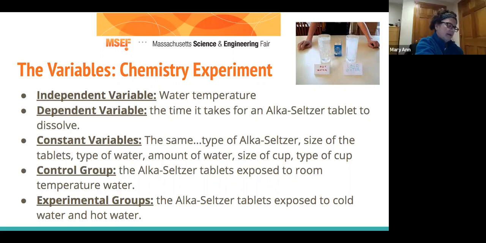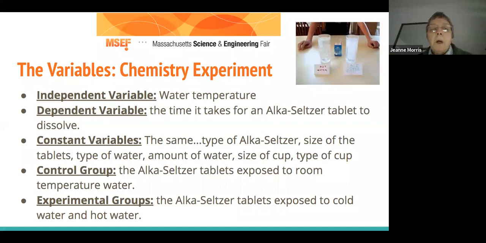So if I use water temperature at 30 degrees Celsius, 40 degrees Celsius, 50 degrees Celsius, then the 50 degrees Celsius will cause the Alka-Seltzer to change faster or dissolve quicker or something. I don't like to use the word quicker. I don't like anything that's not scientific. So it's like, if I do this, then this will happen, and then have them fill that in.